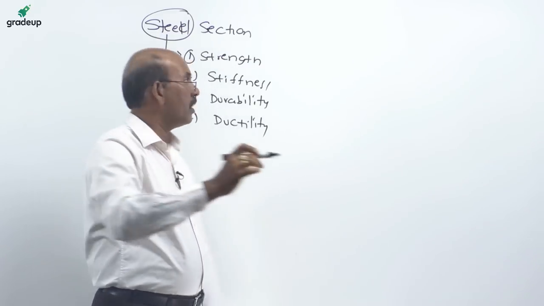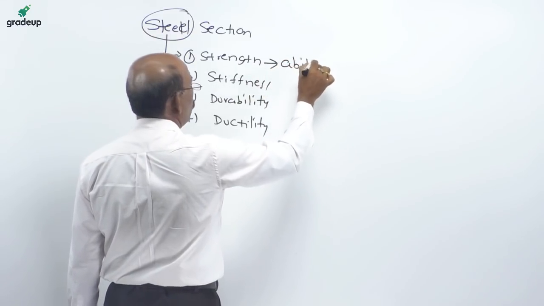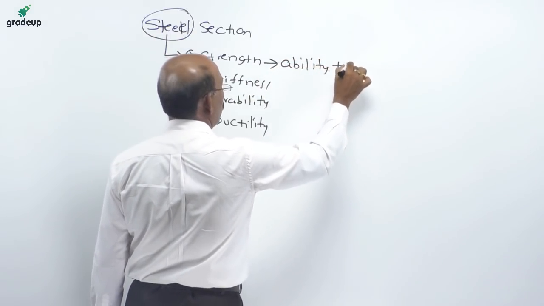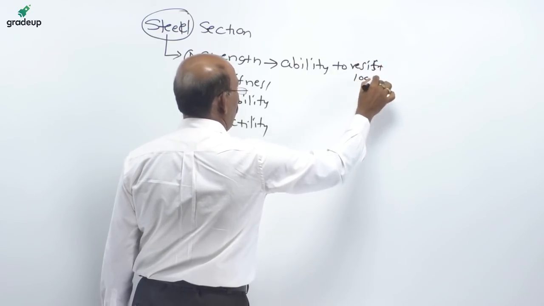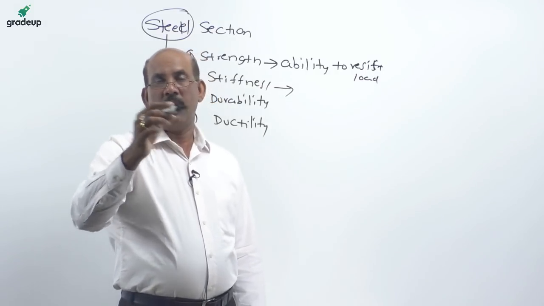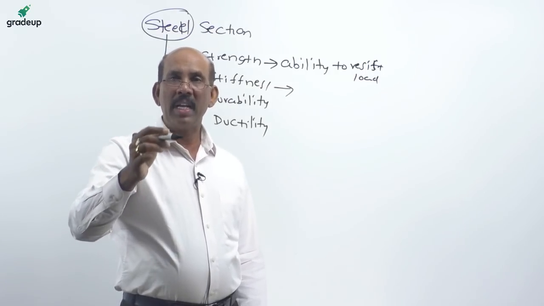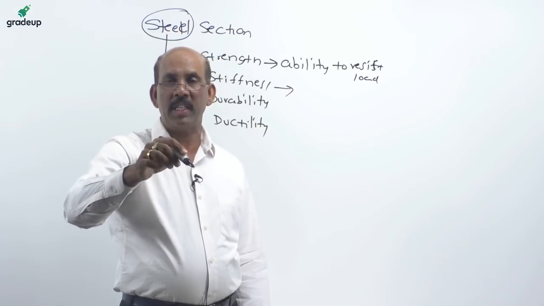One is the strength. Strength refers to the ability of the material to resist the load. Coming to the stiffness, as I said, in the limit state method, one is considered the strength, another one is the serviceability.